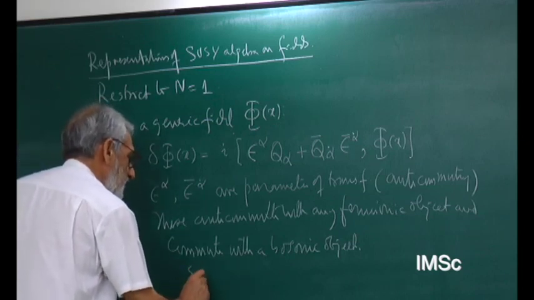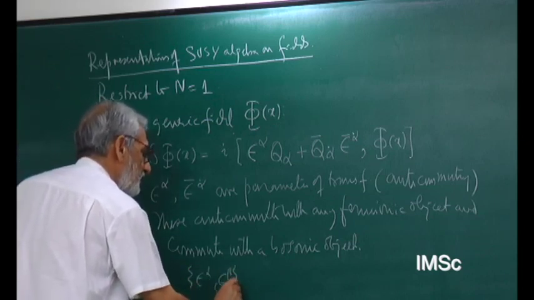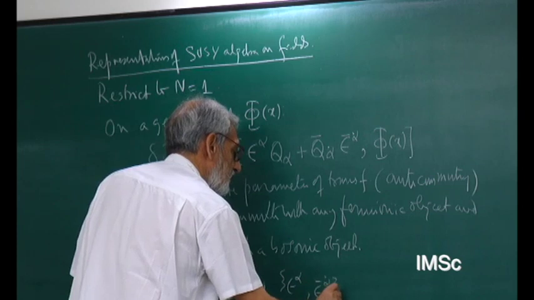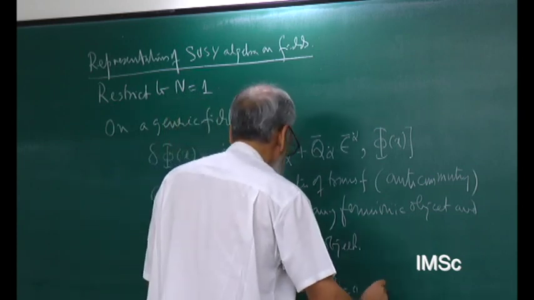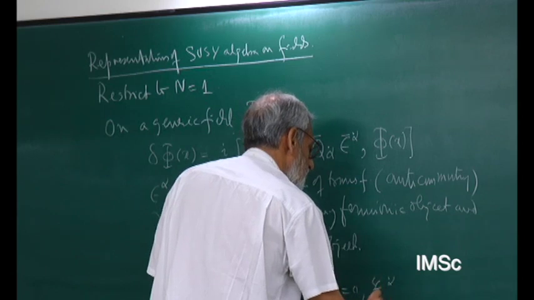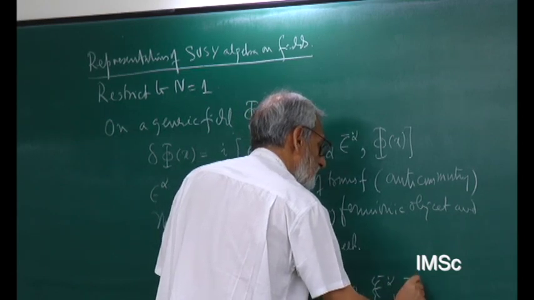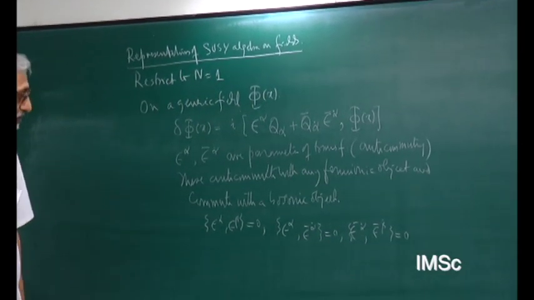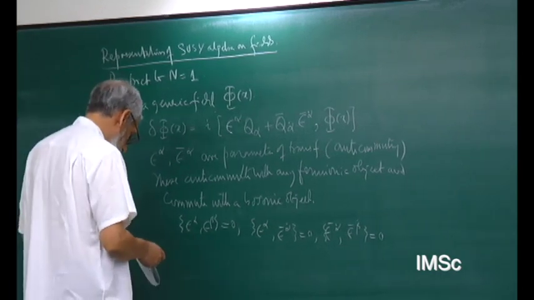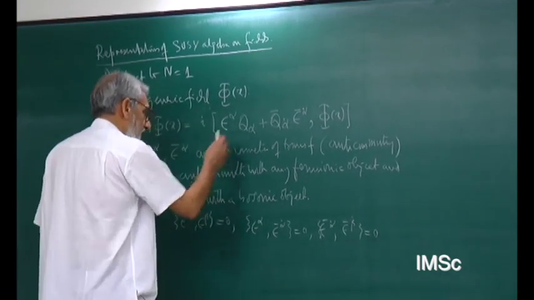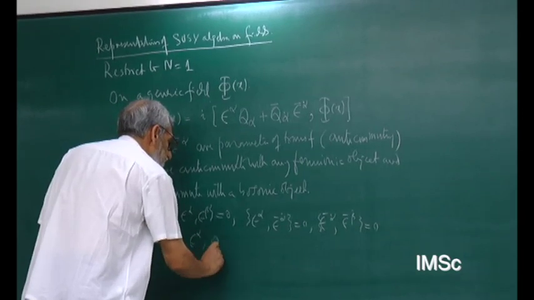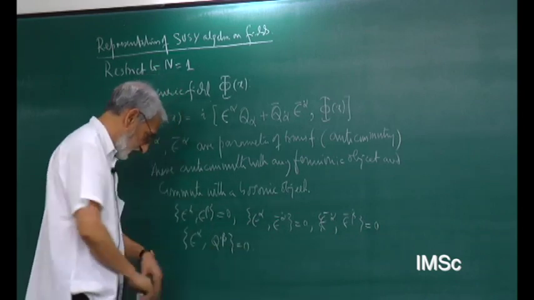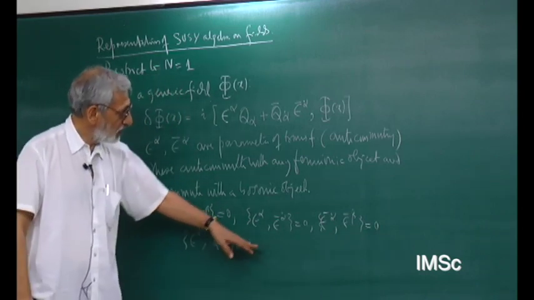They anti-commute amongst themselves, and also with fermions in my theory, for example with Qs, because Qs are also fermionic, and so on with Q bar also.